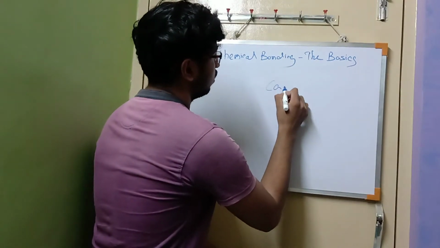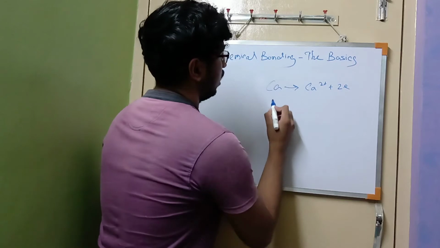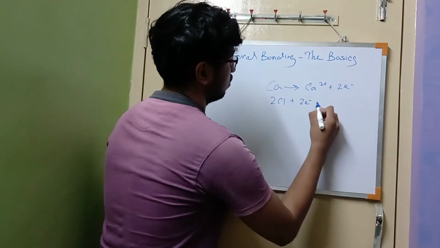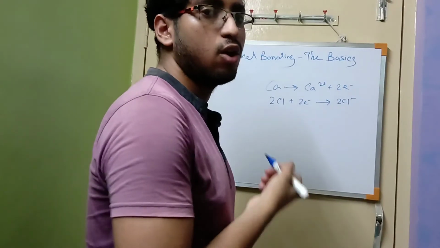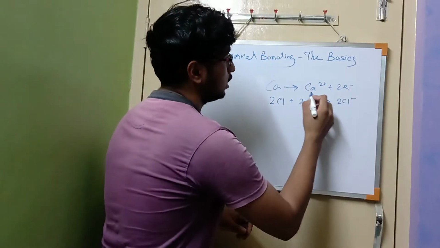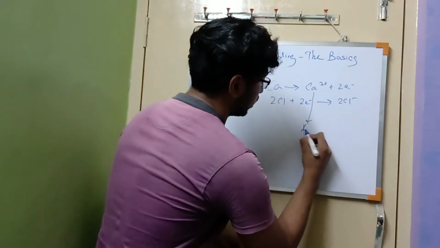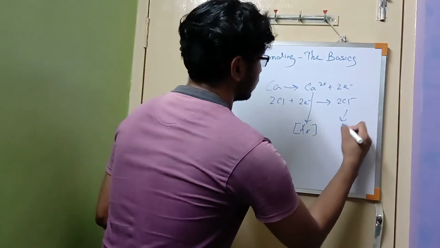Calcium releases 2 electrons, and that is the basic reaction of calcium and chlorine. Here, after releasing 2 electrons, calcium gets the configuration of argon gas, and chlorine also gets the configuration of argon gas.